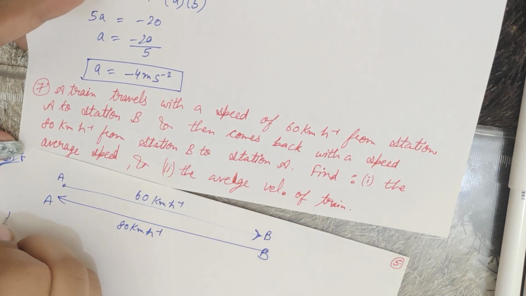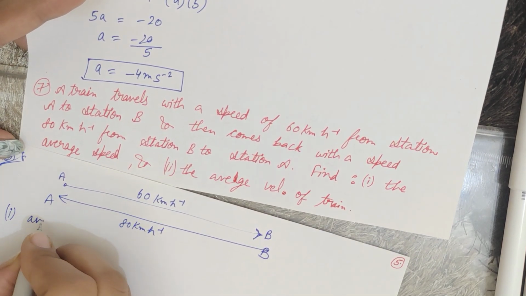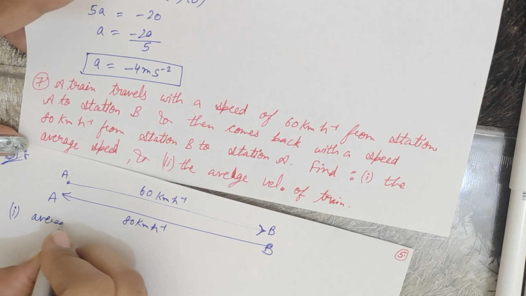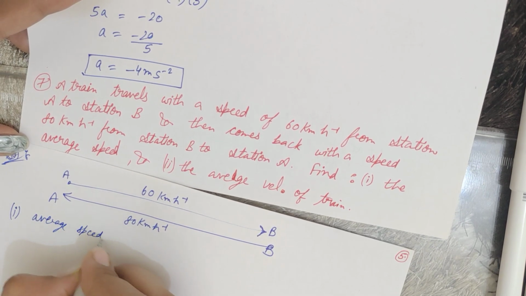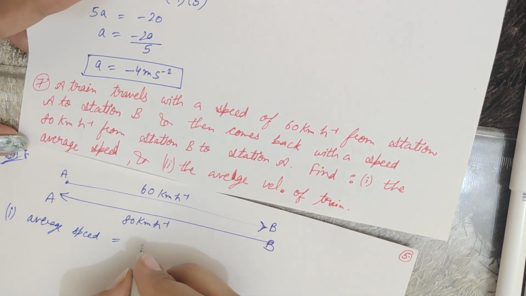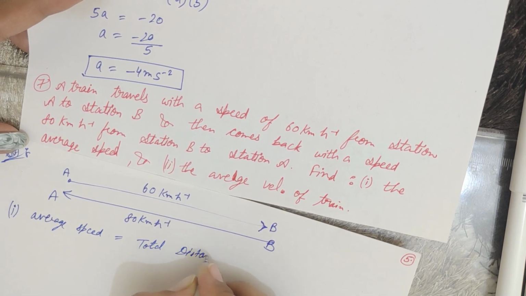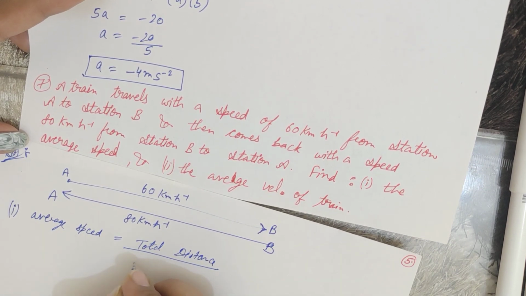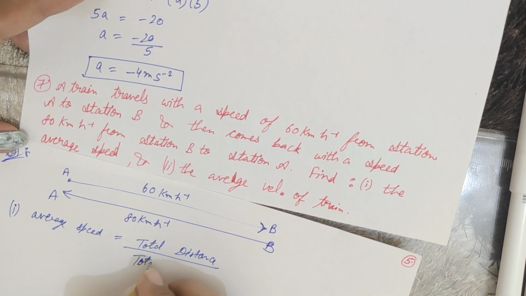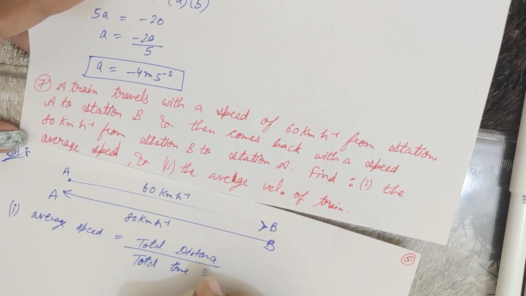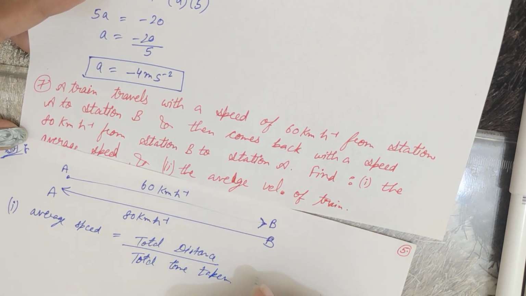Firstly, what we need to find out is the average speed. What is the formula for the average speed? It is the total distance divided by total time taken. This is the formula for it.